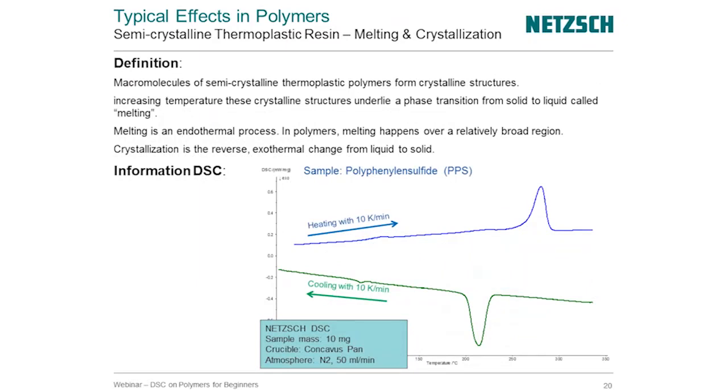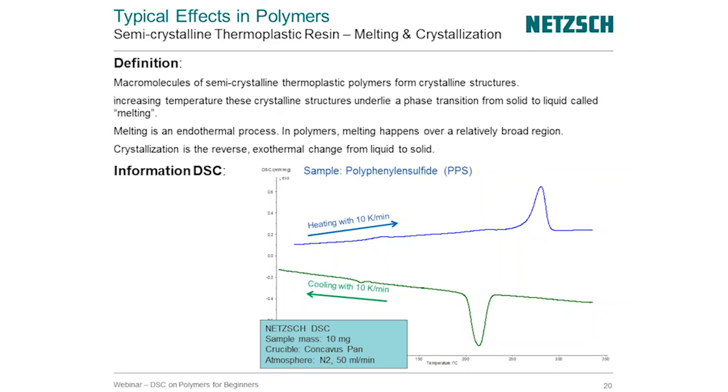We just looked at an amorphous material. Let's compare that to a semi-crystalline thermoplastic resin, in this case PPS, or polyphenylene sulfide. By definition, macromolecules of semi-crystalline thermoplastic polymers form crystalline structures. Remember from the photograph from before, you've got these ordered structures in addition to some amorphous or disordered polymer chains weaving their way in between.